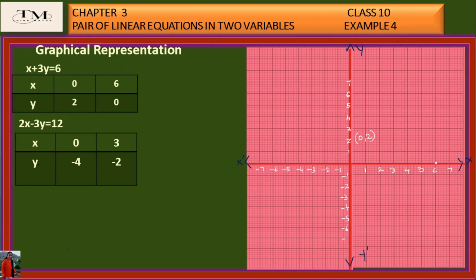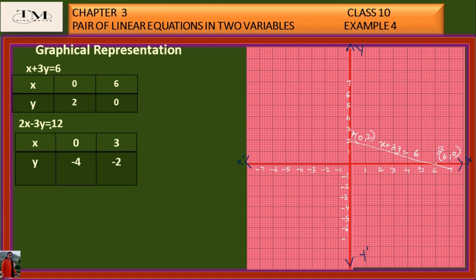In the x-axis, 6 is here and y 0 is this line. So it is 6, 0. So we got this point. Let me draw lines. This is A and this is B. The equation is x plus 3y equal to 6.